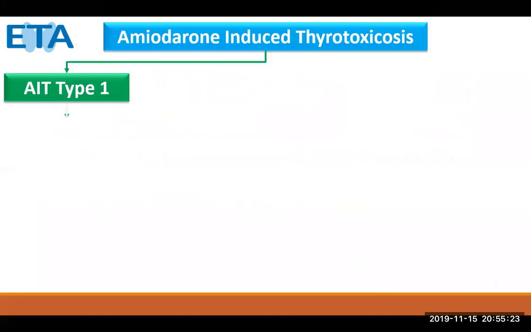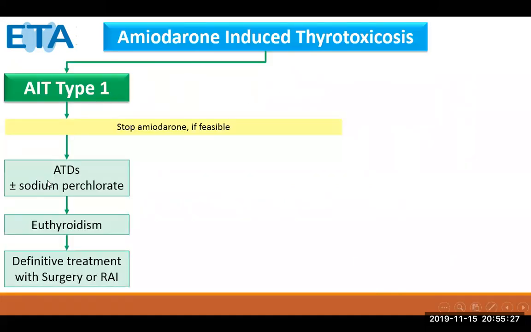How to treat type 1 amiodarone-induced thyrotoxicosis? It is treated with a very high dose of antithyroid drug. For example, if we treat with carbimazole, don't try to give a small dose.